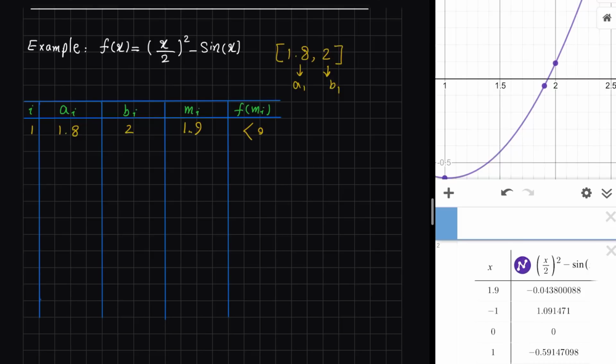So in the next iteration, we replace 1.8 with 1.9. 1.9 and then 2. And the midpoint of this new interval is 1.95. Let's decide on the sign of f(x) at this point.